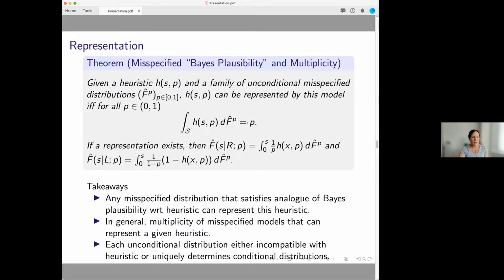So this is really the analog of Bayes' plausibility with respect to the heuristic. Essentially, any misspecified distribution that satisfies this analog can actually be used to represent the heuristic.